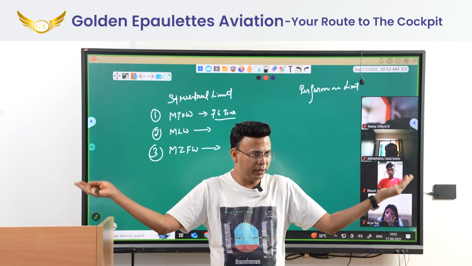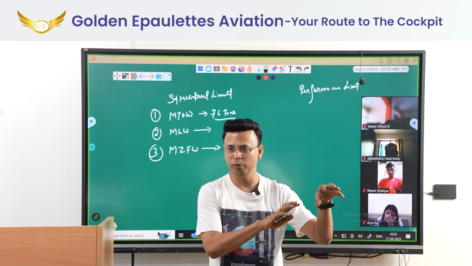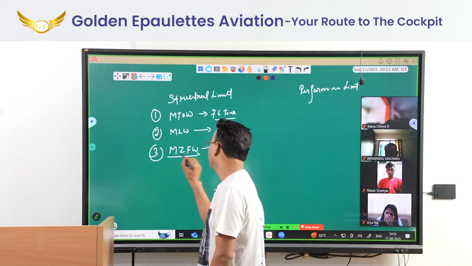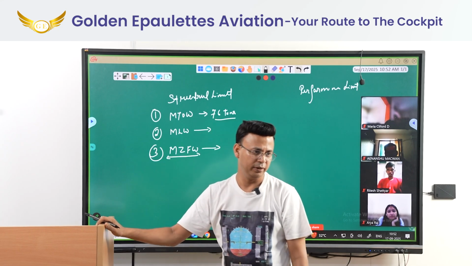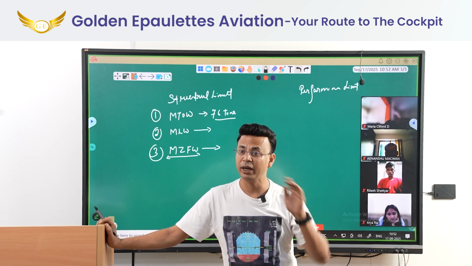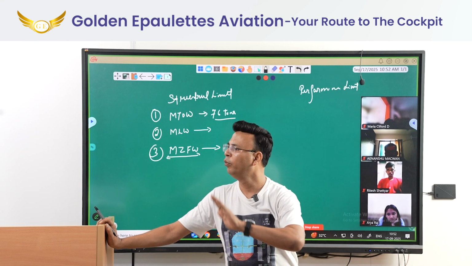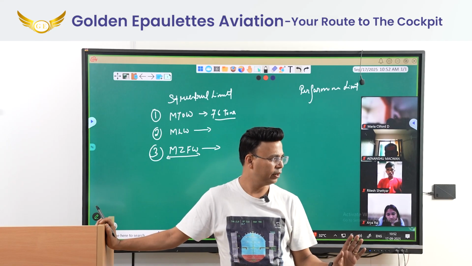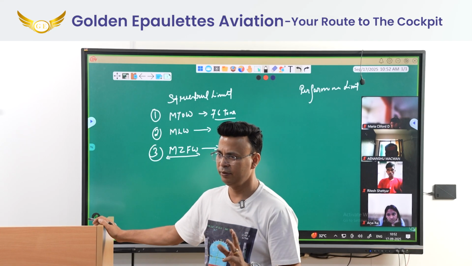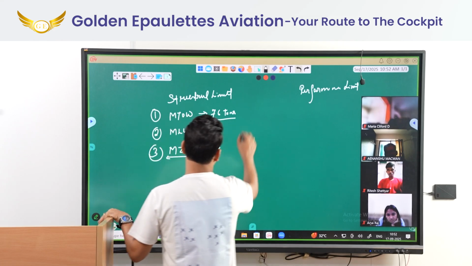To prevent that, some minimum fuel must be there. That's why they also impose a limit called maximum zero fuel weight. So maximum zero fuel weight is the maximum allowed weight of the aircraft without fuel. Is that okay? These are three prominent structural limits given by the manufacturer.